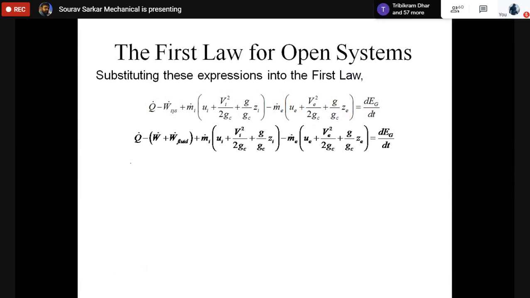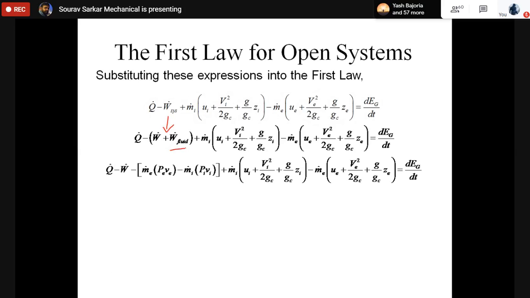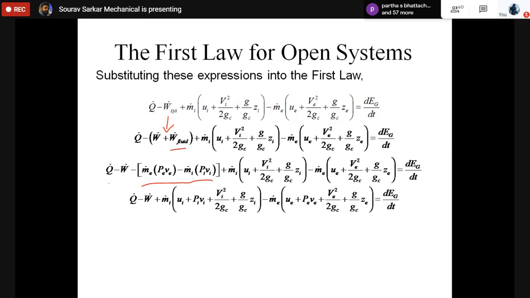So this W system can be written as W dot plus W dot fluid. If I expand the W fluid, it will become this. And if I now include the P dot V inside this, taking m dot common from there and m dot common from there, finally this PV will go inside the bracket.